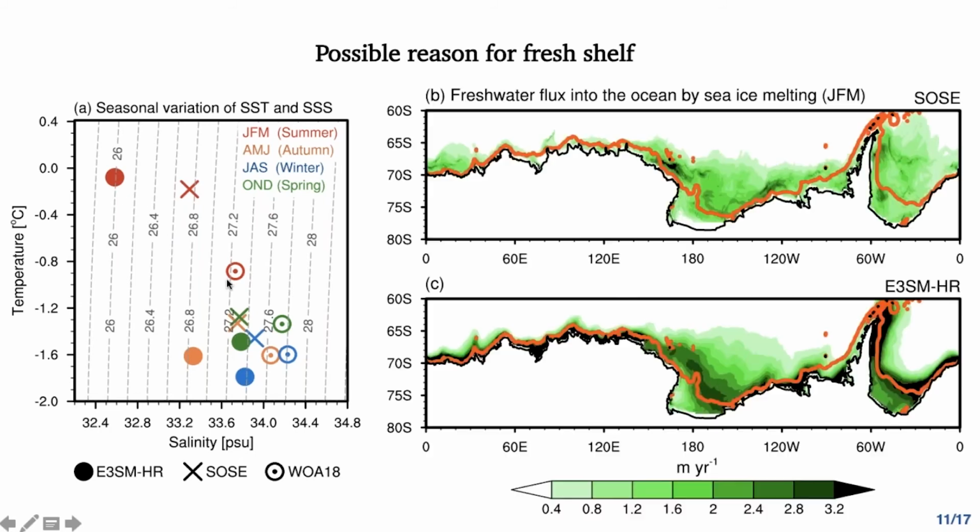Hyein also looked at freshwater flux into the ocean due to sea ice melting only, again from SOSI and E3SM-HR. And you see that this component from the sea ice is much higher than SOSI. Now SOSI is a reanalysis product, so it's not the truth, but I think the differences are significant.